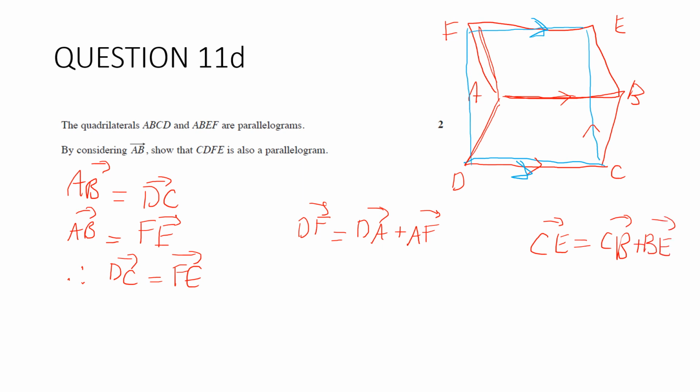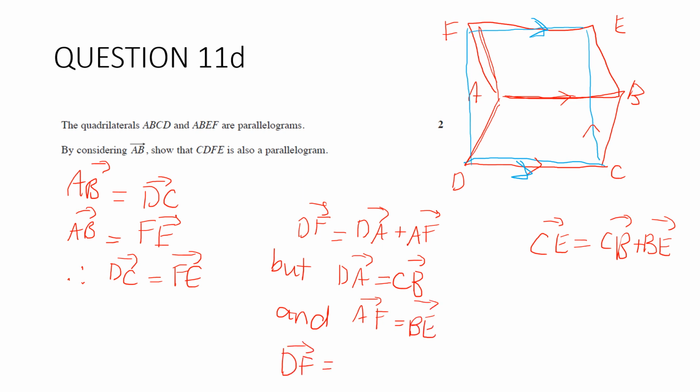But we know that DA is equal to CB and AF is equal to BE, and so DF is equal to CB plus BE, which makes it equal to CE. And so since we have got opposite sides equal and parallel, therefore CDFE is a parallelogram.